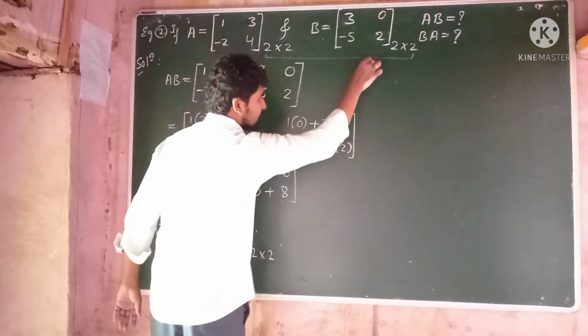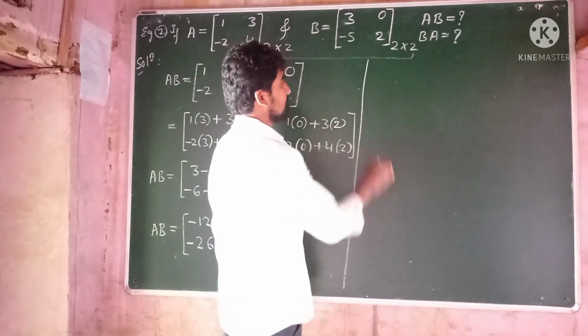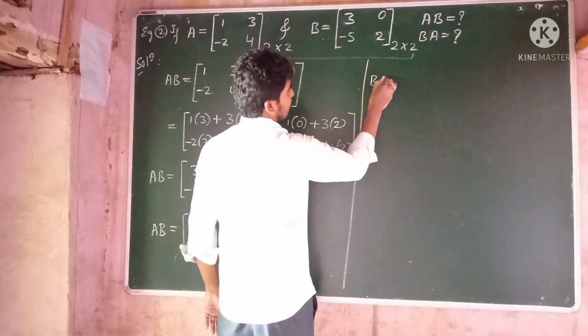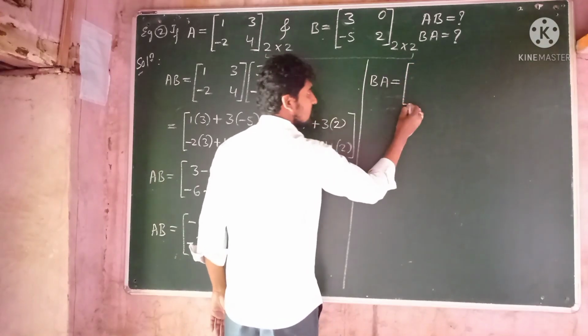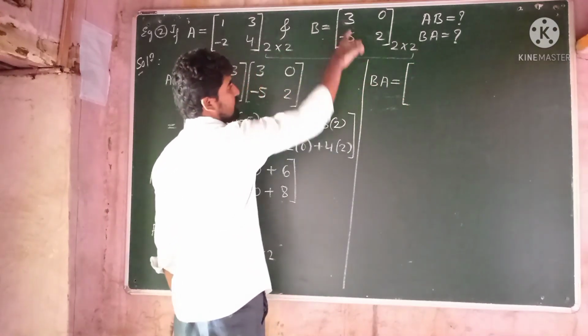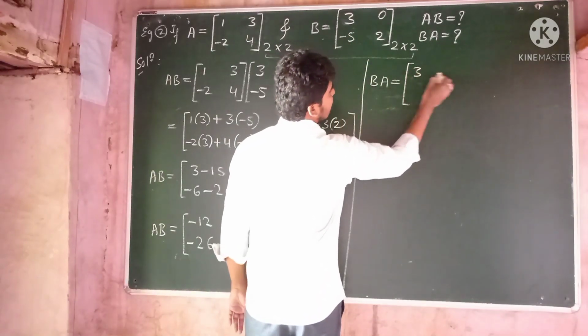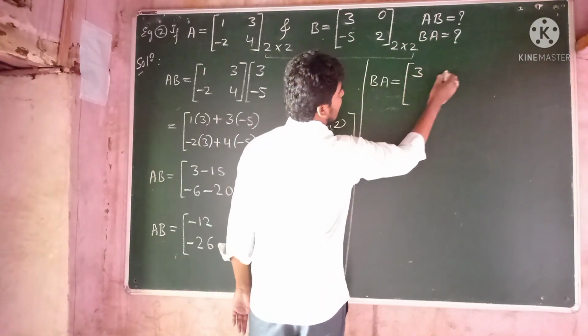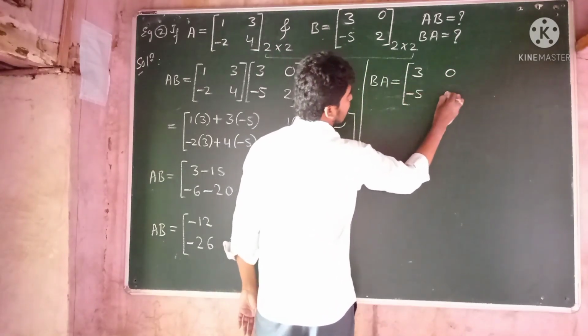Next, we need to find the matrix BA. BA is equal to, so the matrix B is given by 3, 0, minus 5, 2.